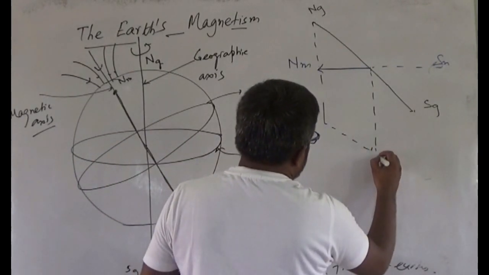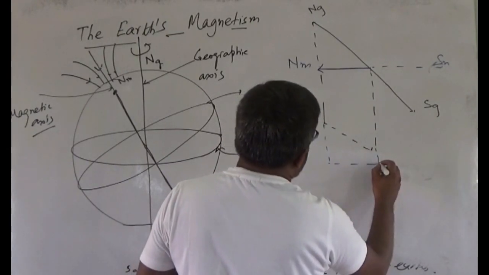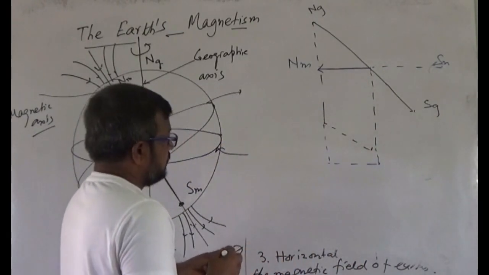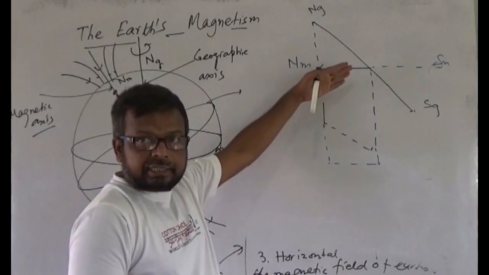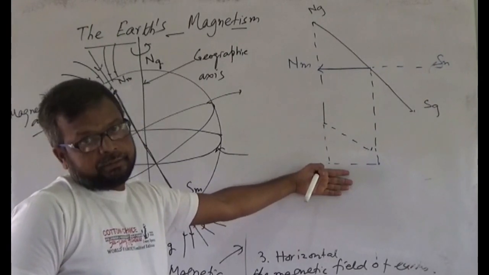This is NM. Then this plane is our magnetic meridian.